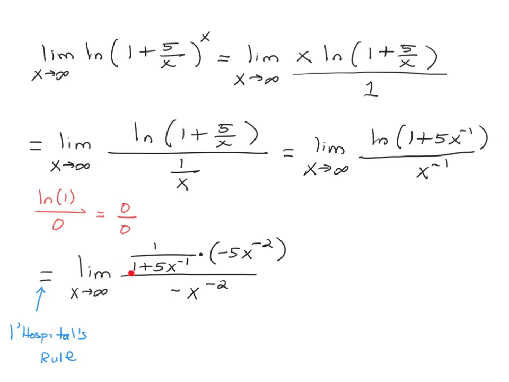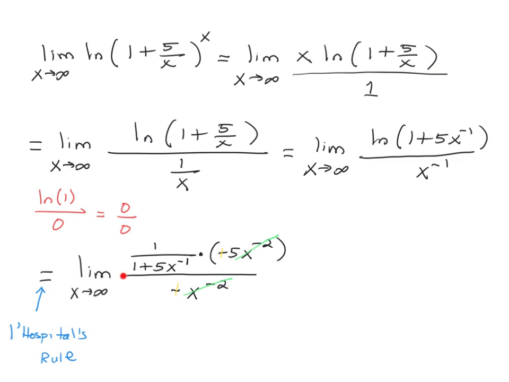Okay, before we actually figure out this limit, I think it makes sense to try to simplify as much as possible. For example, this negative and this negative can cancel, so I know this cancels with that. But actually, so does the x to the negative 2 and this x to the negative 2. Those cancel. All that's left over is this 5. It's divided by this denominator, which is now 1.